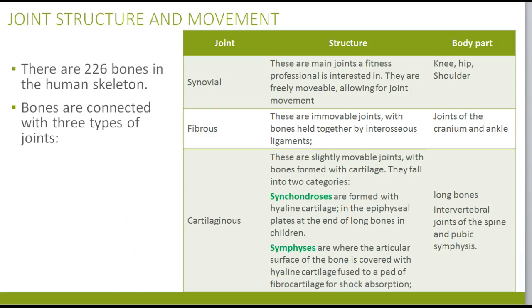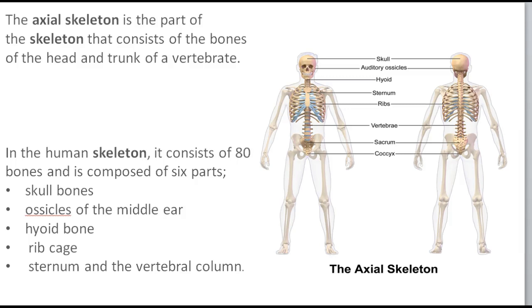Okay, so we're going to go on now to the axial skeleton, which is the part of the skeleton that consists of the bones of the head, the trunk, and the vertebrae. Here we've got the skull, the auditory ossicles, the hyoid, the sternum, the ribs, the vertebrae, the sacrum, and the coccyx, which is the little bit on the bottom.